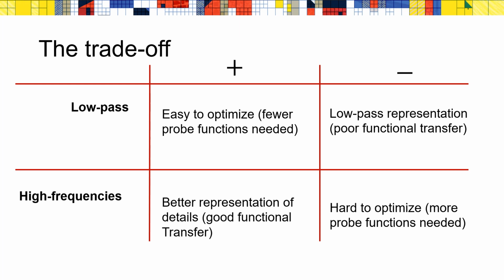In this case, more probe functions are also needed, and as we said, these probe functions are usually given as input. So this is an important trade-off in the functional representation of shape correspondences, and in the rest of this lecture we will see how this trade-off problem has been faced during the last years.